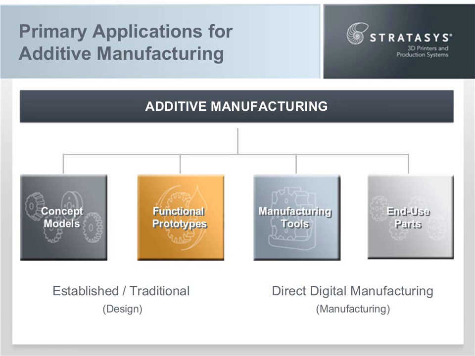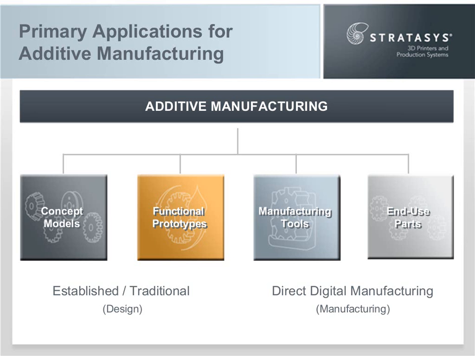This includes a variety of things such as jigs and fixtures, molds, patterns, gauges, templates, etc. It might be known as rapid tooling or rapid manufacturing. And then the final category is what we call end-use parts. Basically, we're talking about parts or sub-assemblies that are used as a final product. This might also be called rapid manufacturing or DDM, direct digital manufacturing.